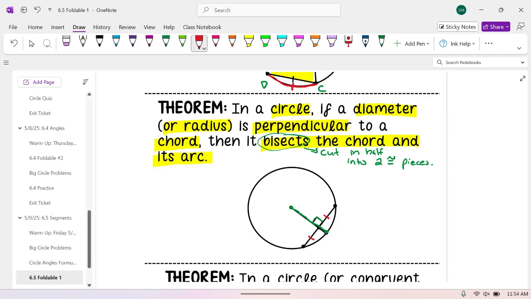So in problems like these, typically what you're going to have to do is draw two more radii to connect to the endpoints of the chord. Since they're radii, they will be congruent to each other.